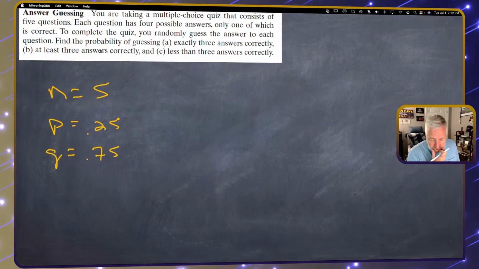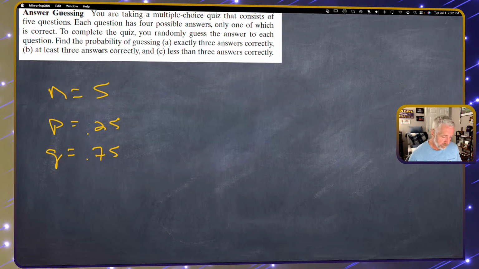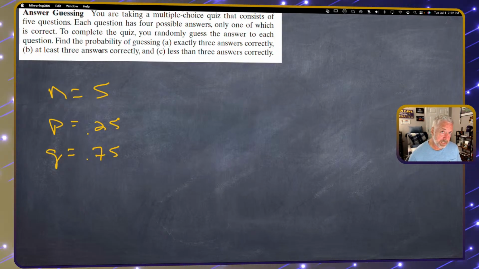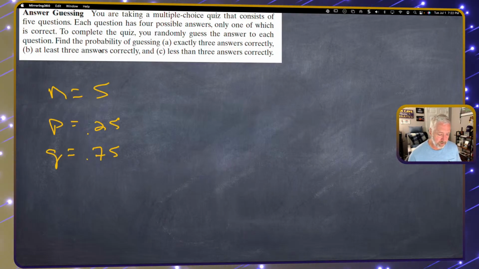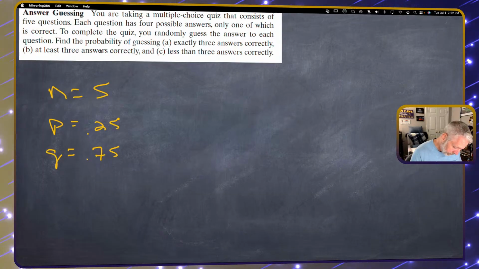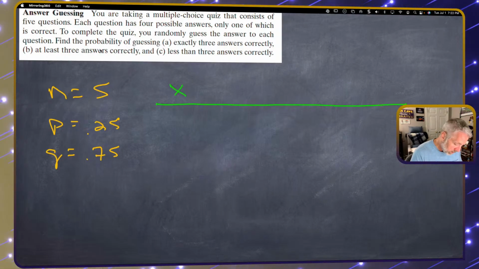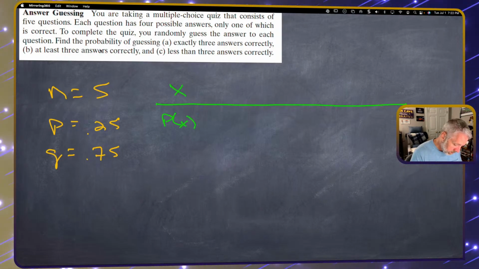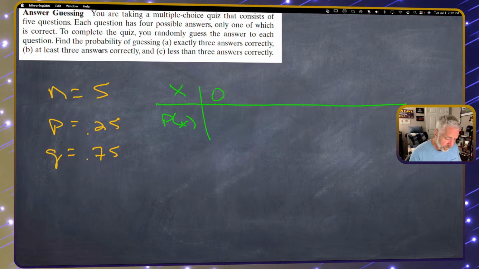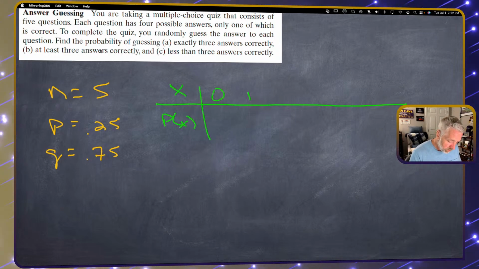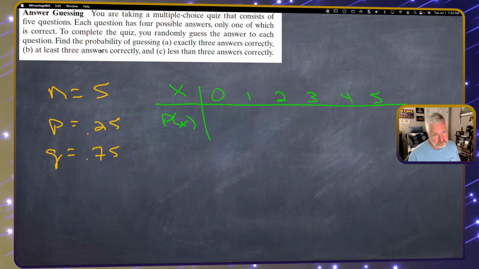I'm not going to write the value of the random variable x because it's going to take too much room, but the value of the random variable x takes on the value of the number of successes in these 5 questions, which means I could possibly take this quiz and get 0 correct. I could get 1 correct, 2, 3, 4, and 5.